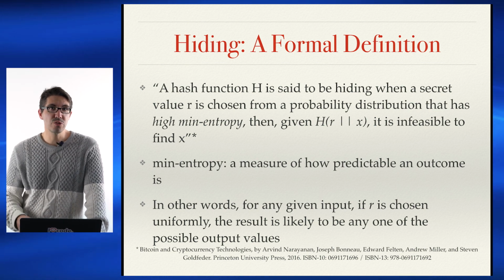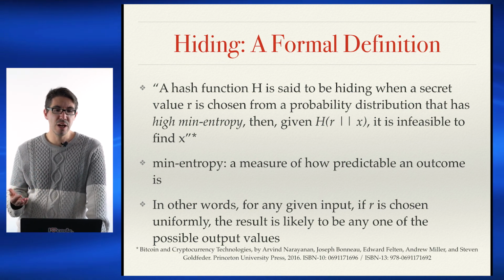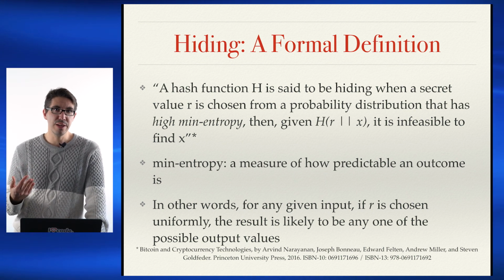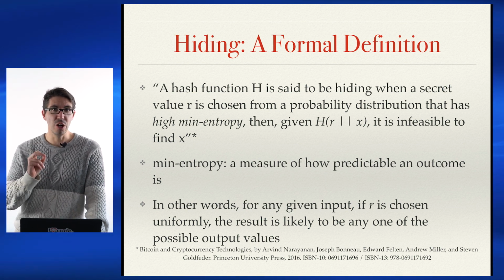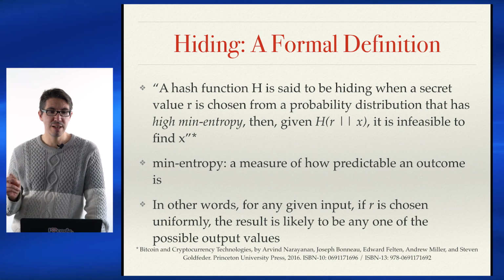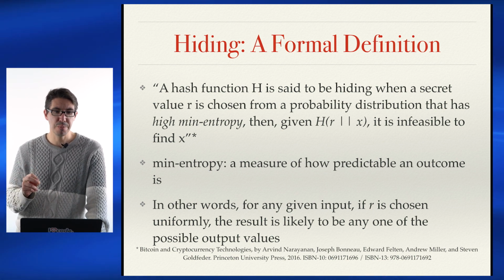So that is a layman's understanding of hiding. The specific technical definition is that the hash function is hiding if, when a secret value r is chosen from a probability distribution that has high min-entropy, then given the hash of r concatenated with x, it's infeasible to find x.